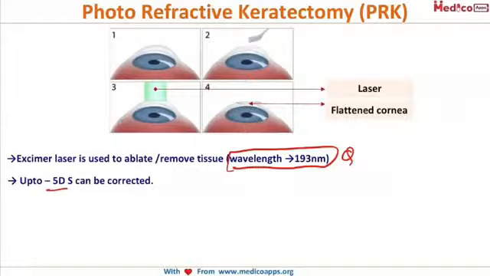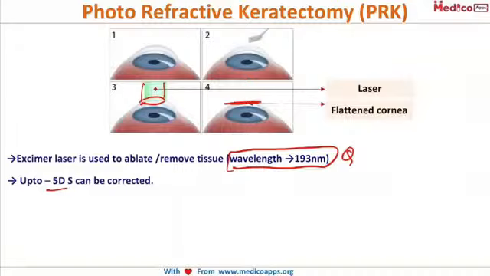Okay, what you do is, you can see from this picture that the laser beam is focused onto the epithelium of the cornea and it is ablated. This cornea is removed and this results in correction of the refractive error up to -5 diopter sphere.